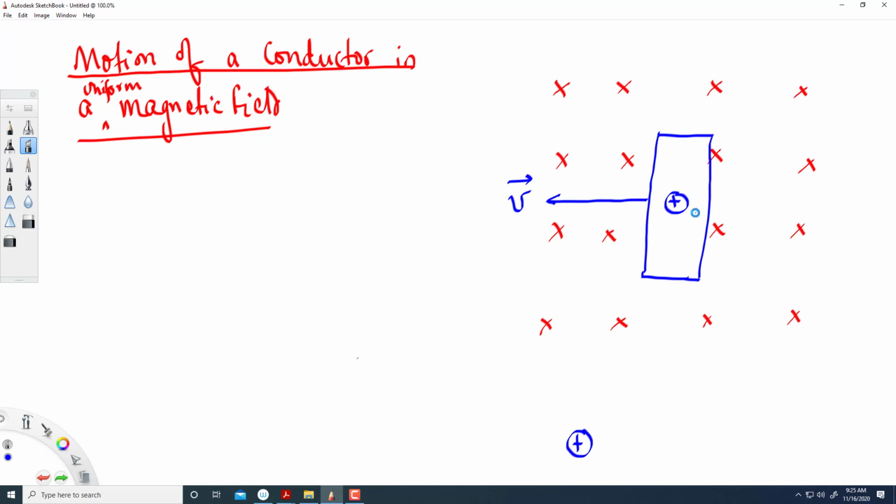We found that the positive charge feels the force in the downward direction, so that means positive charges would be pushed down, will go down, and the negative charges are left behind on the top. So we have some positive down and some negative up.